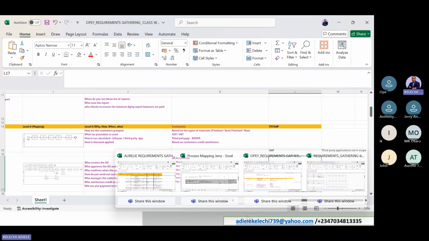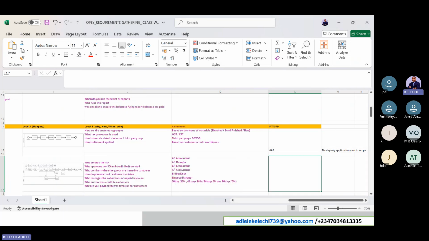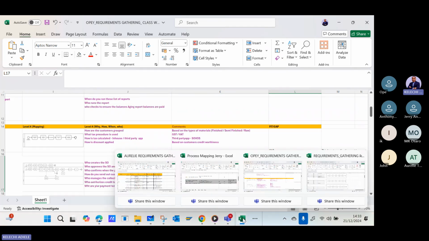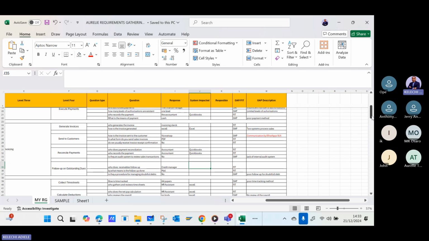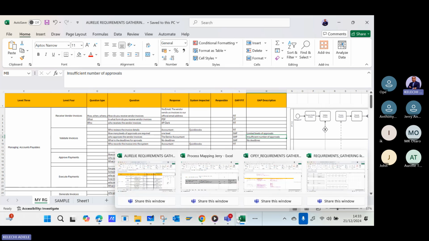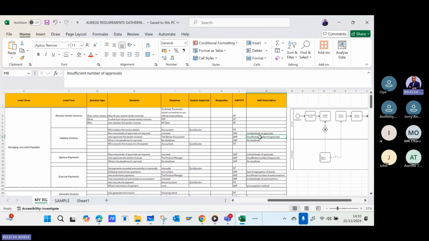I think I also have someone's work that already has this well defined. Okay, so that is gap description. So what do we do? How do we analyze these gaps? That's the next question. That's where we're actually heading to.